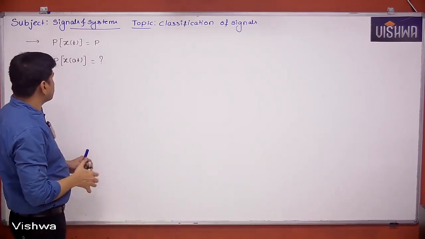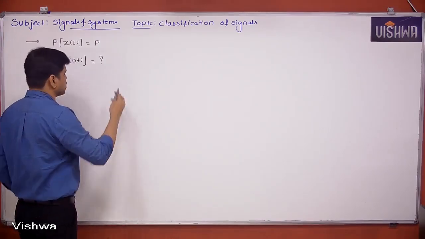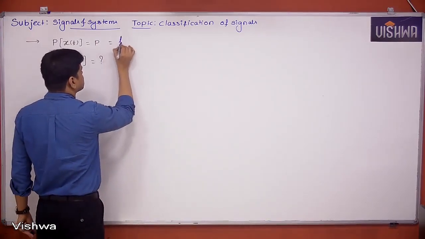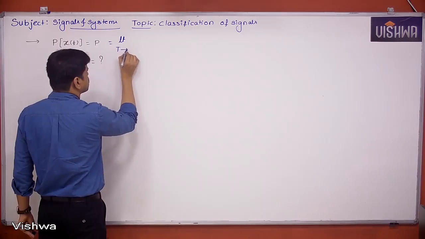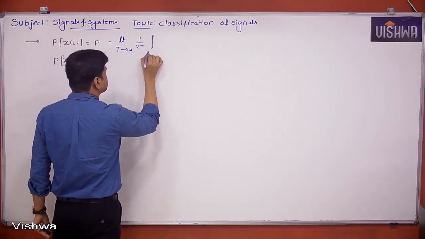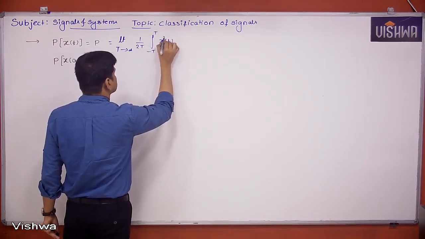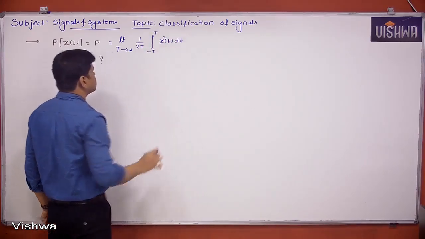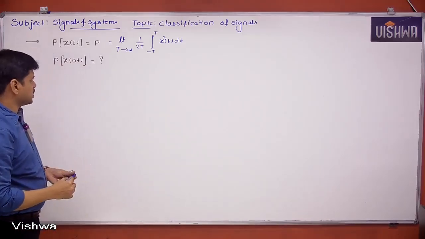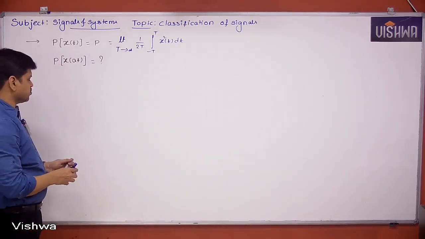Actually, power of x of t, the usual notation is limit T tends to infinity 1 by 2T integral from minus T to plus T of x of t square dt. That is actually the power of a signal x of t. Then they want to find out what is the power of x of at. So let's see.